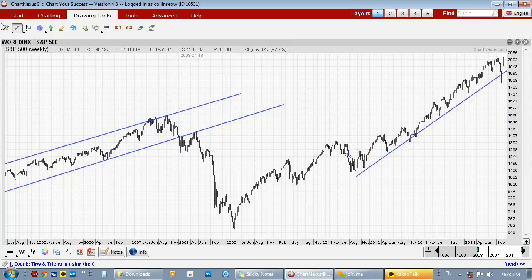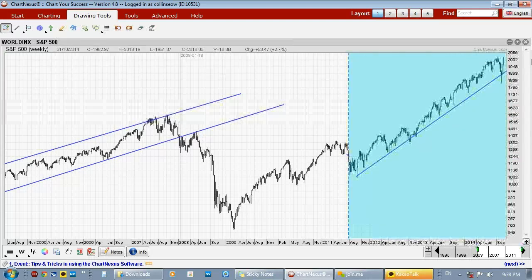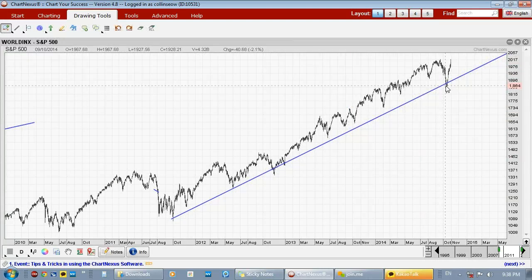Yeah, somewhere in October you have corrected. So we can see that the Russell leads the S&P by a few months.